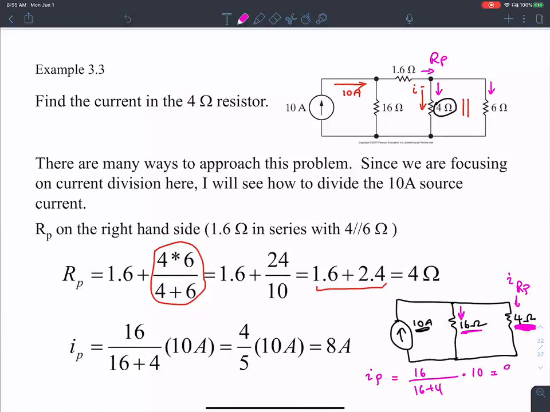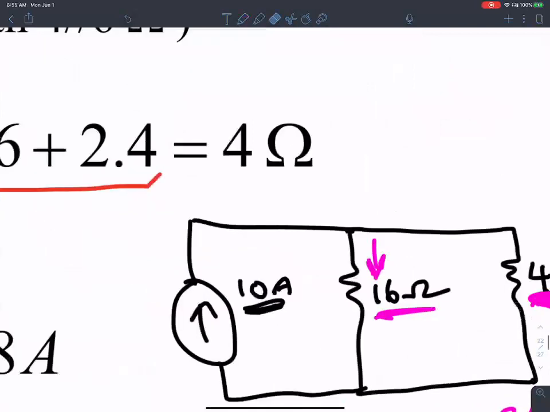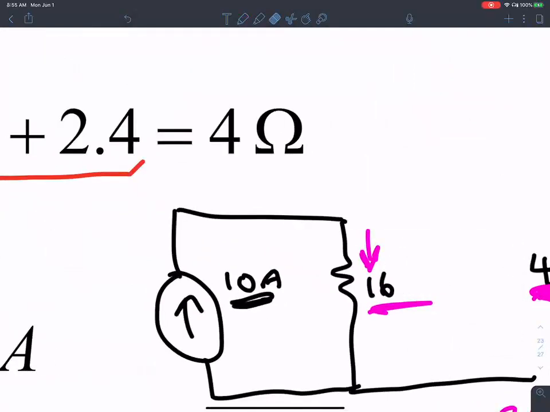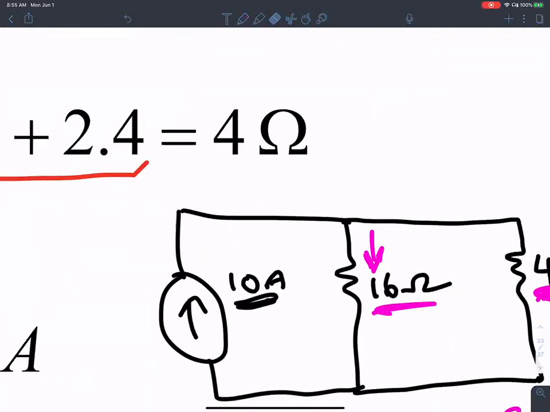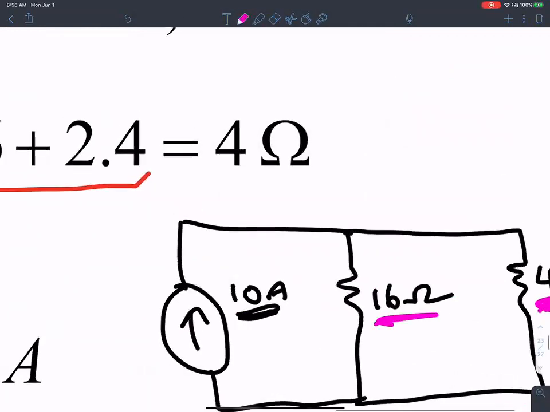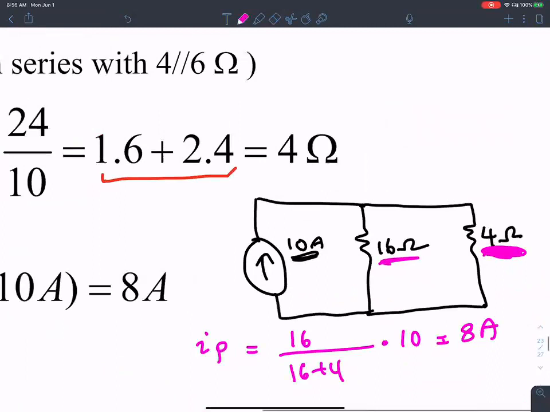What you get is 8 amperes. So 8 amperes of current is flowing through this, and 2 amperes is flowing through this branch.